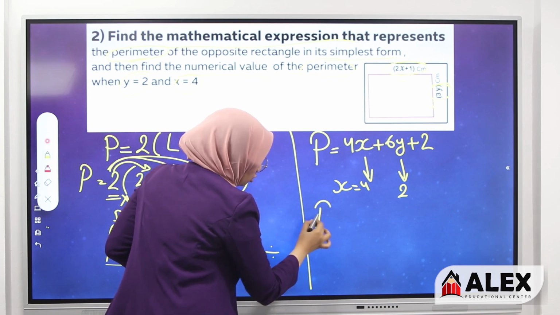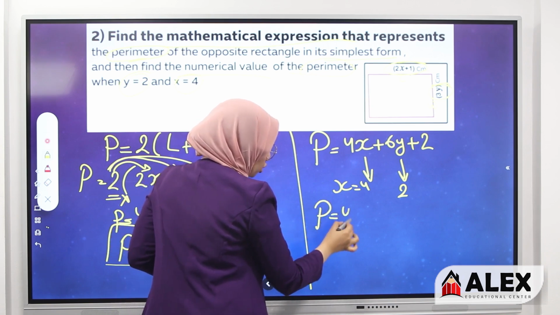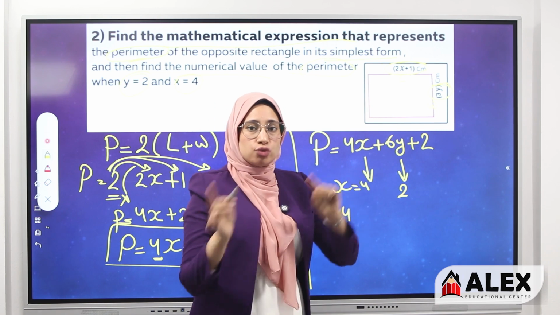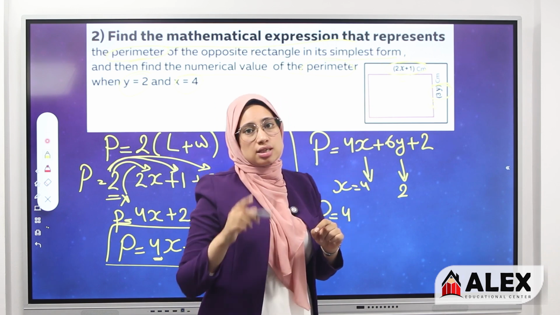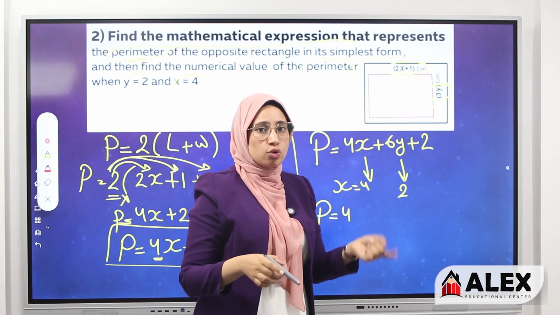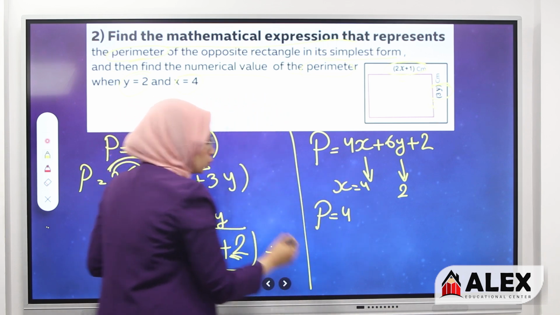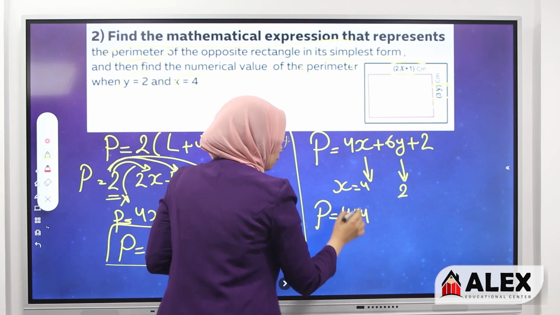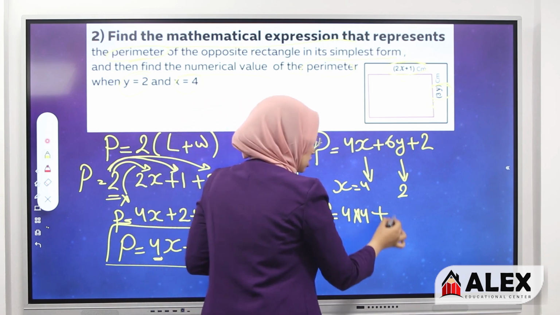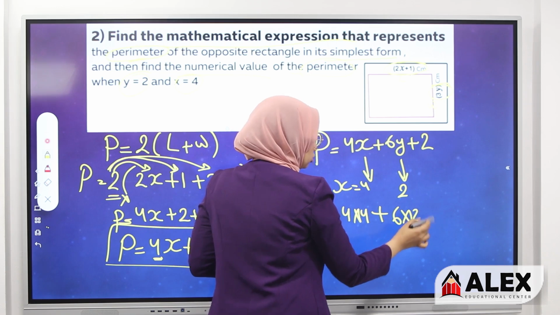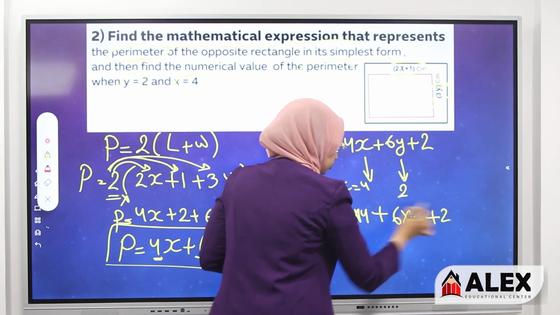The perimeter equals 4x, that means 4 times x, that means 4 times 4, because the value of x here equals 4. Then 4 times 4 plus 6 times 2 plus 2.